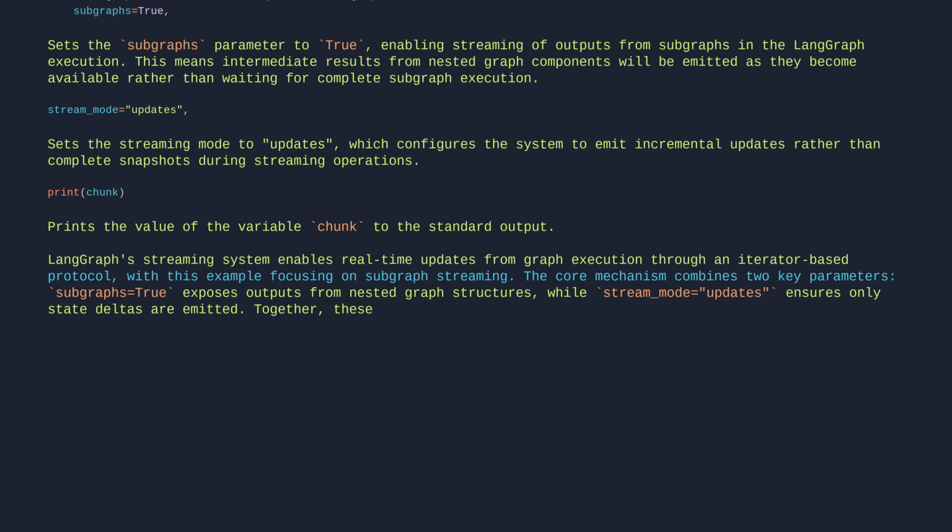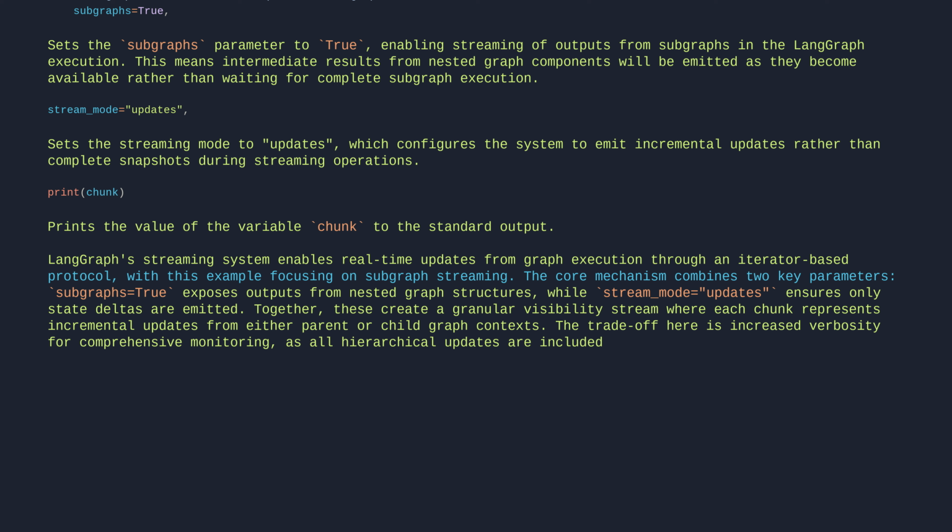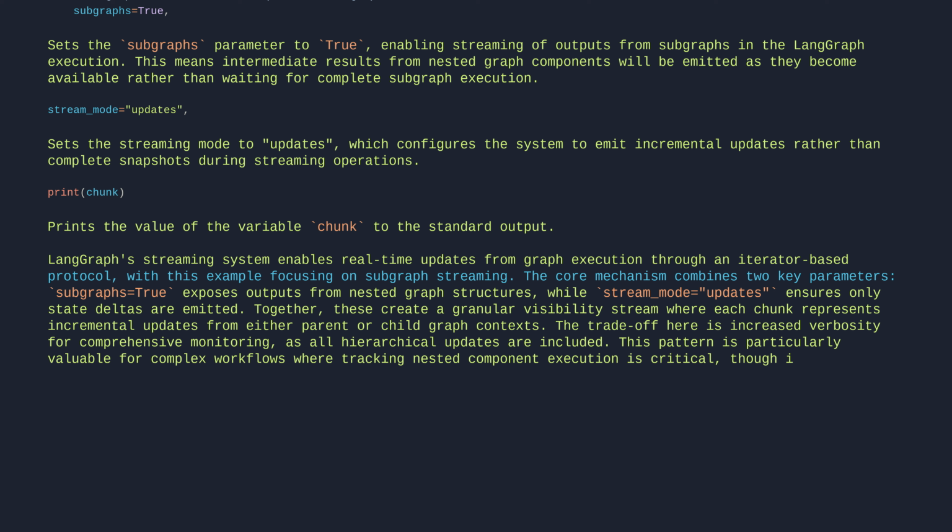Together, these create a granular visibility stream where each chunk represents incremental updates from either parent or child graph contexts. The trade-off here is increased verbosity for comprehensive monitoring, as all hierarchical updates are included. This pattern is particularly valuable for complex workflows where tracking nested component execution is critical, though it may require downstream filtering for focused consumption.